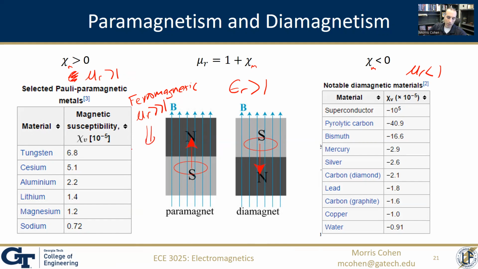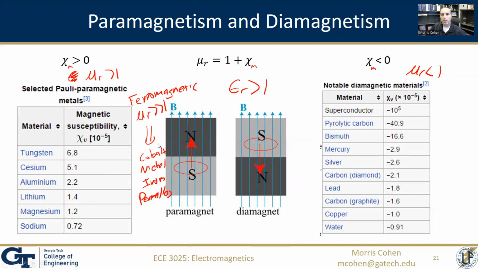So these are things that are attracted to magnets, things like cobalt, nickel, iron, or permalloy. These have very high values of relative permeability, as high as, I think in the case of iron, about 280,000. So it's pretty ridiculous. And this is what we call magnetic materials colloquially. So this is what would stick to a permanent magnet.